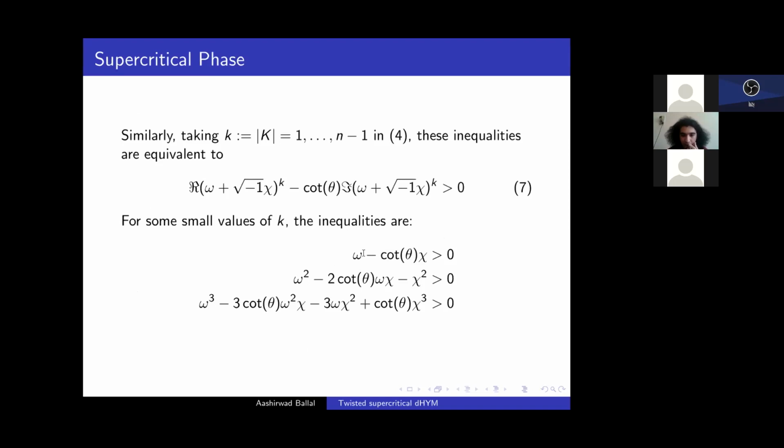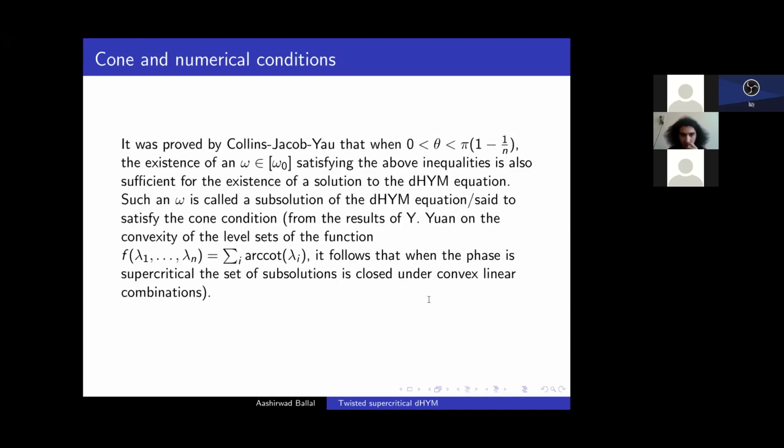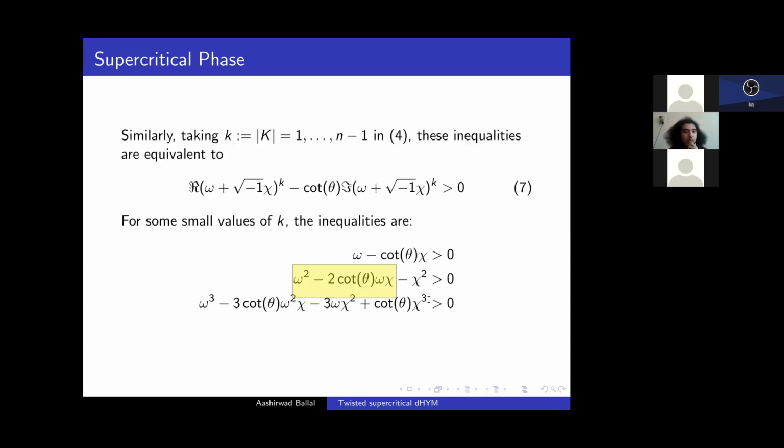So for k equals 1, we've seen that you get this inequality, and for k equals 2, you get this, k equals 3, you get this, and so on. So that's one reason for considering the supercritical phase.